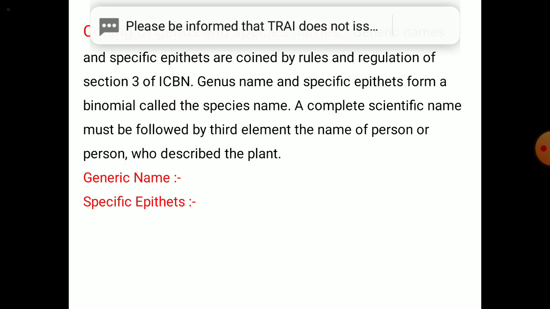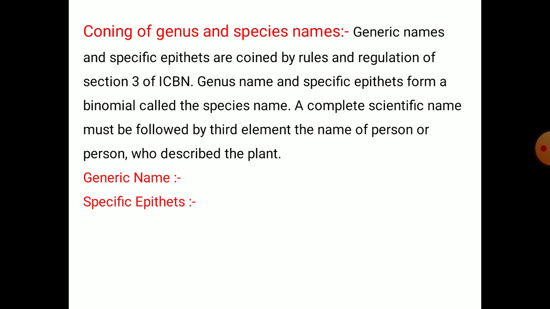It directly indicates that this plant has yellow colored wood. This is a morphological character. It means the name Xanthoxylon is given to that plant depending upon that particular character.